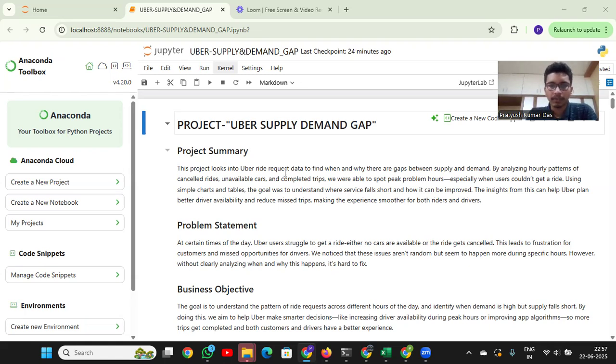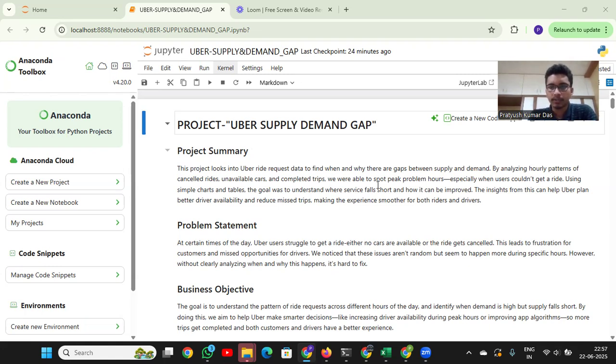Coming to the summary of the project, this project looks into the Uber request data to spot the gap between the supply and the demand. Here we analyze the hourly patterns of the cancelled rides, unavailable or completed trips so that we can know when the users couldn't get a ride.